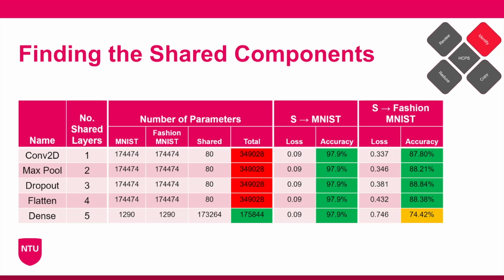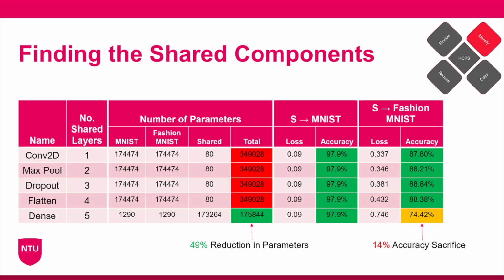We found that when we plugged our shared model into our MNIST fashion model, so the initial layers from the original MNIST model into the MNIST fashion model, you can see that the accuracies start to fluctuate a little bit more, and we found that when we shared 5 layers, we got a 49% reduction in parameters while having a 14% accuracy sacrifice.